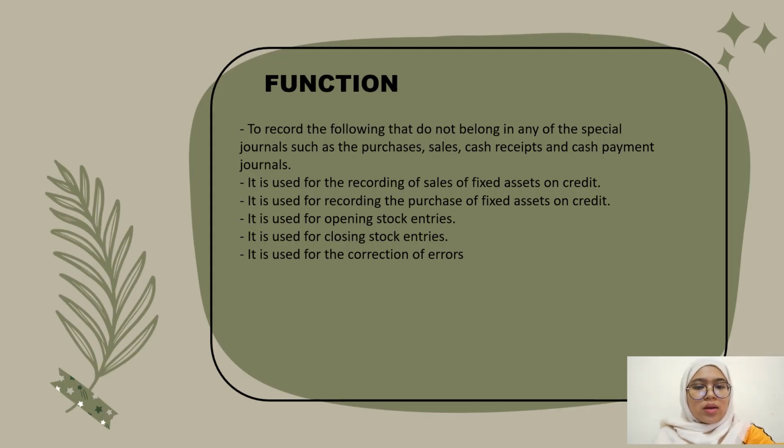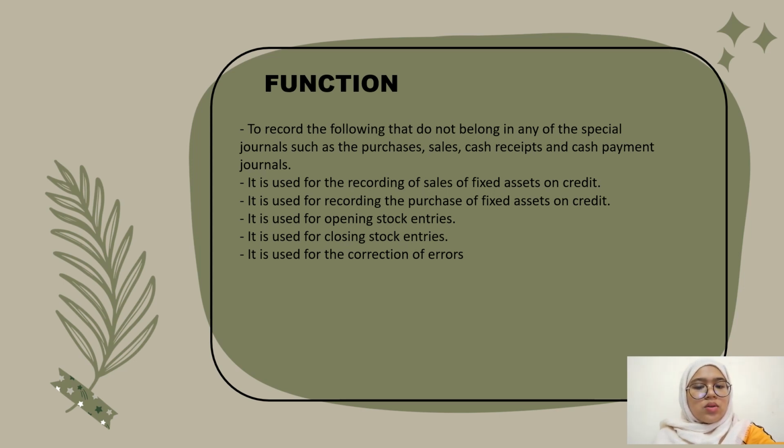Now I will talk about the function of general journal. The function of general journal is to record the following that do not belong in any of the special journals, such as the purchases, sales, cash receipts, and cash payment journal.